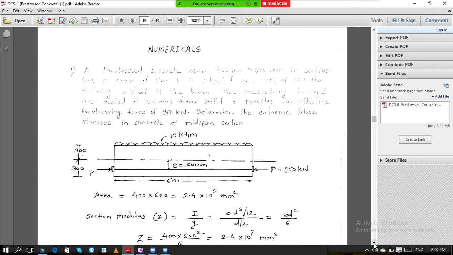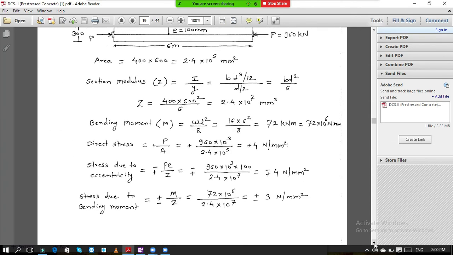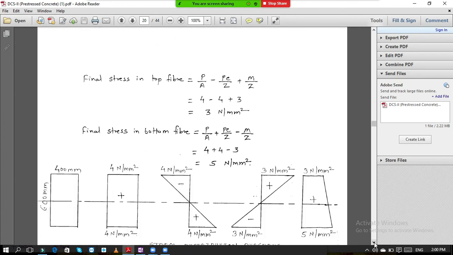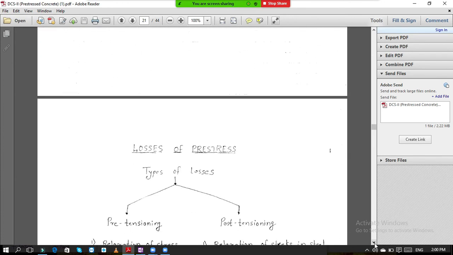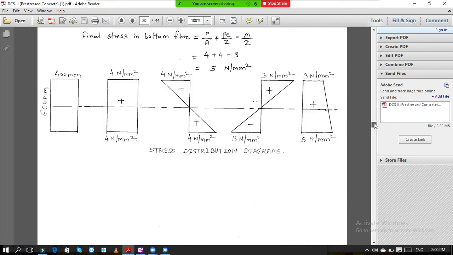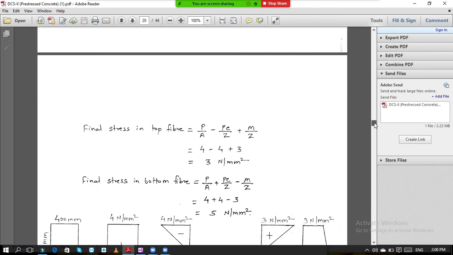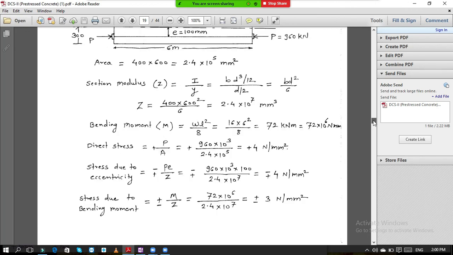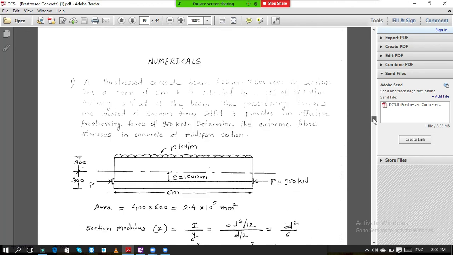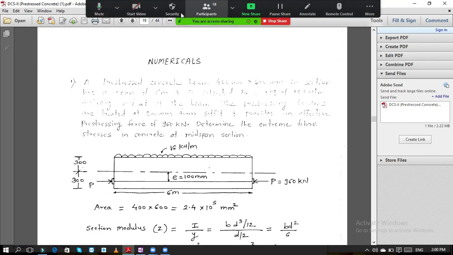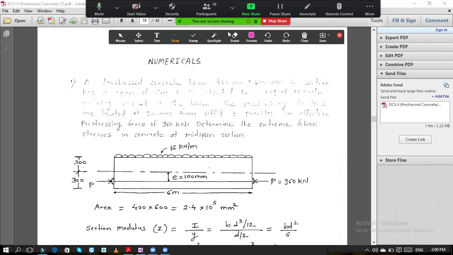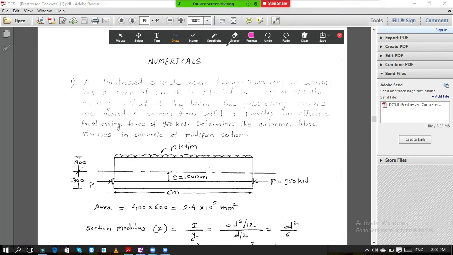If a small problem is there on stress concept, then we will take that problem first. So here the numerical is given. You copy down this numerical, write it down. I will write it over here.